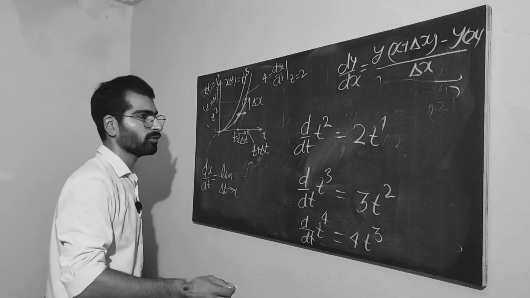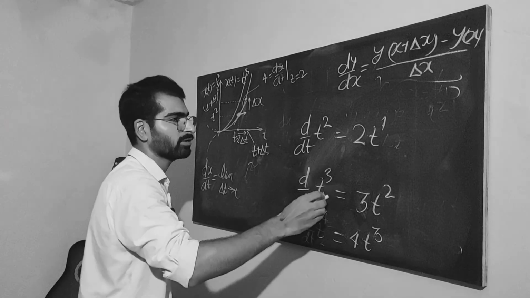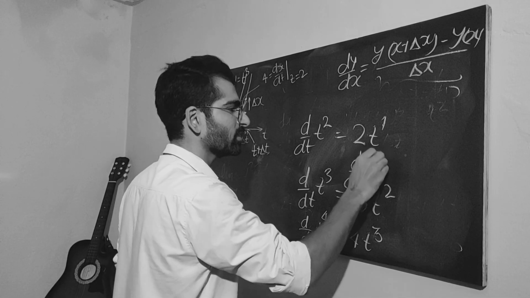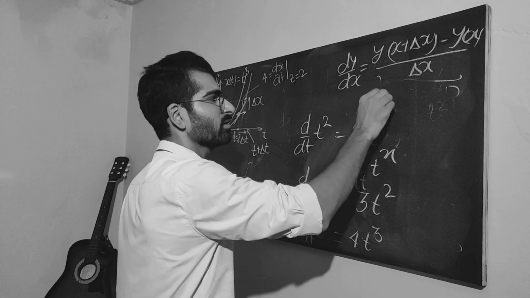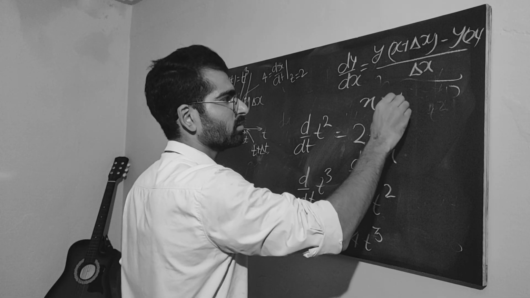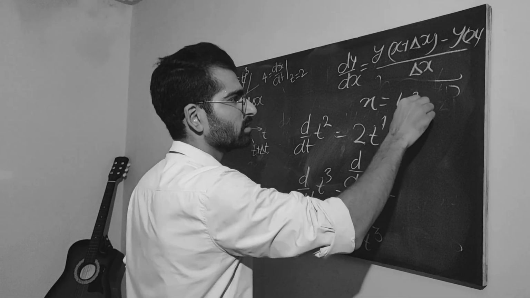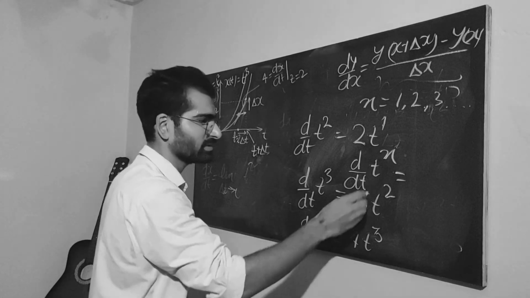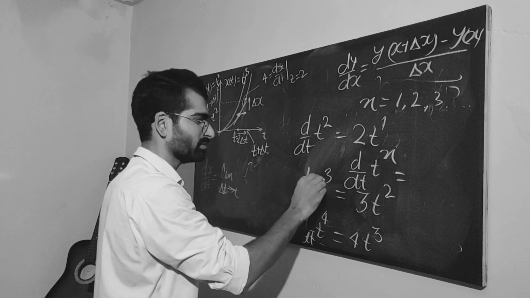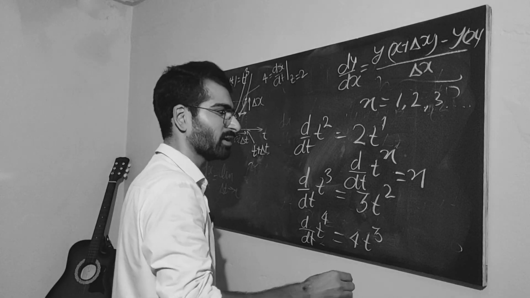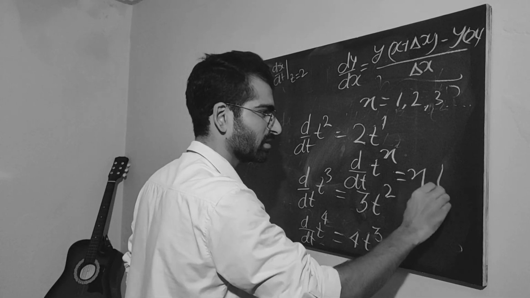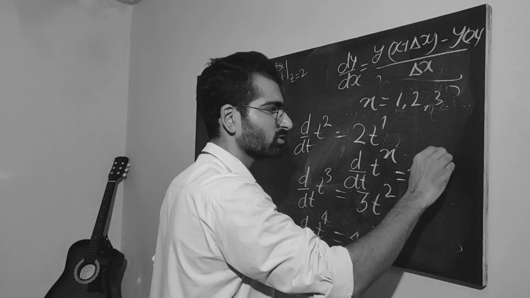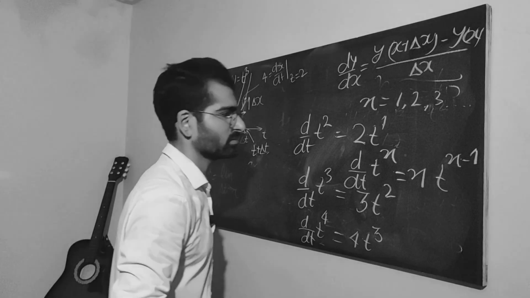If you take the derivative of t to the n, where n could be 0, 1, 3, 4, and goes on, it would look like, since 3 is coming down, n will come down somewhere here, and t, and then you lose 1 from 3, so it should be n minus 1. Right?